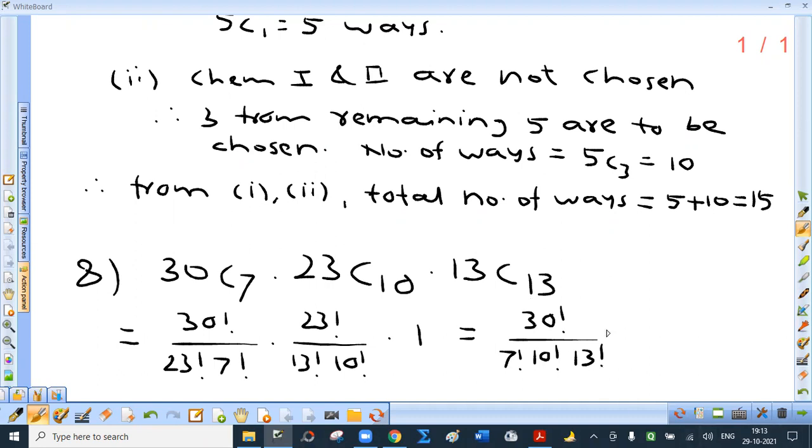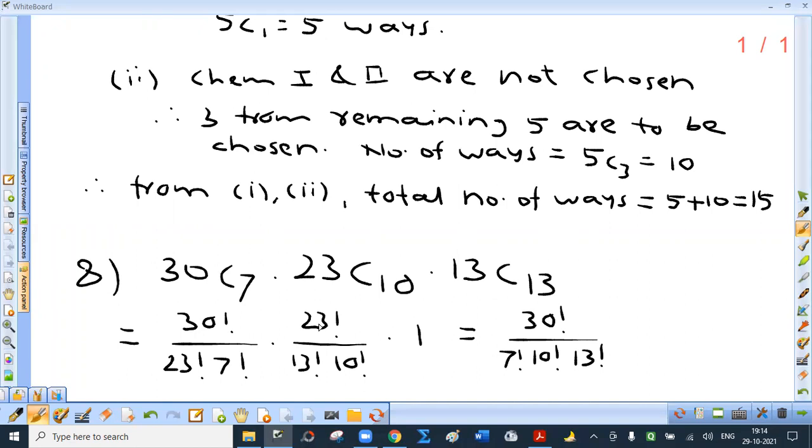Yes, your observation is correct. It is the same if we use that result, permutations of n things taken all at a time, but all of them are not distinct. But here you have to write explanation in this manner. Right, done. Write the solution.